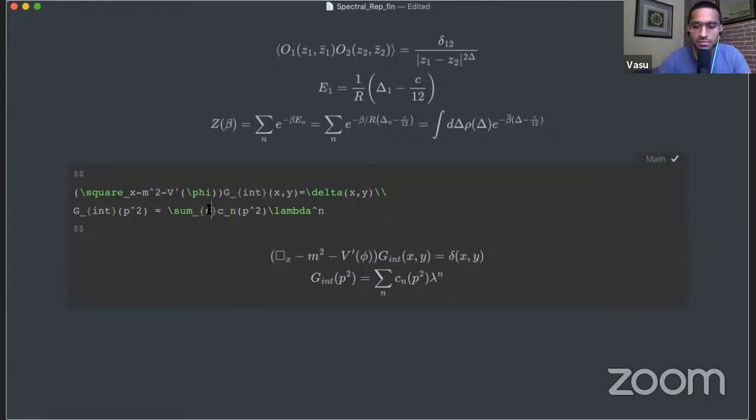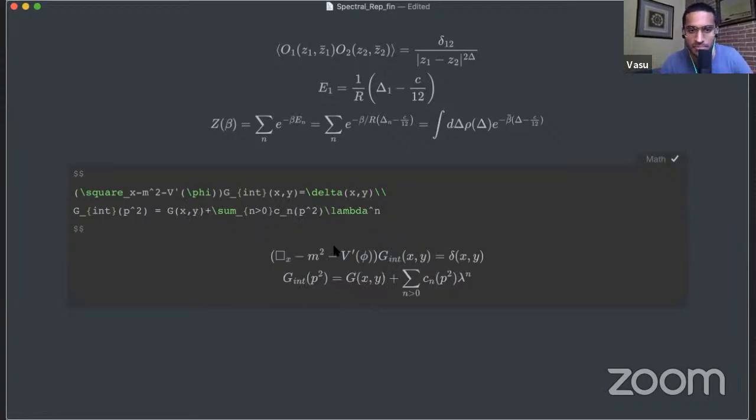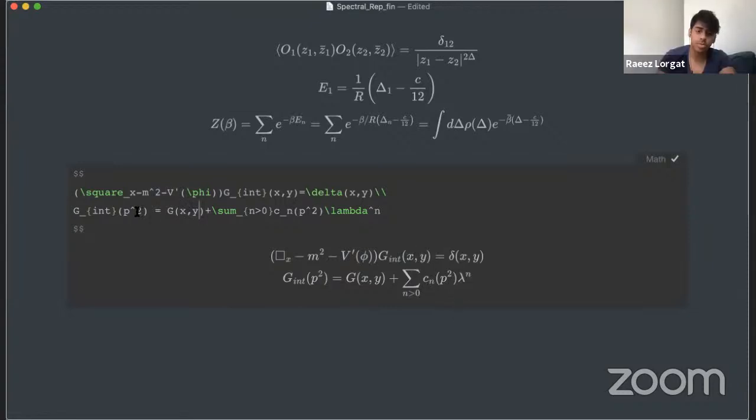So in fact, you could take this to be n greater than 0 plus g_xy. And this is what you need Feynman diagrams to compute these terms. Yes, this is exactly what I was asking for.